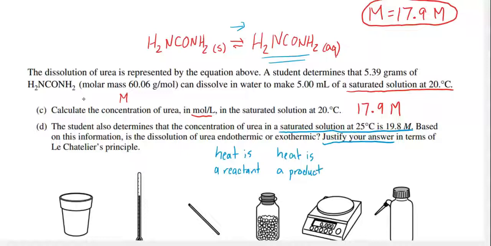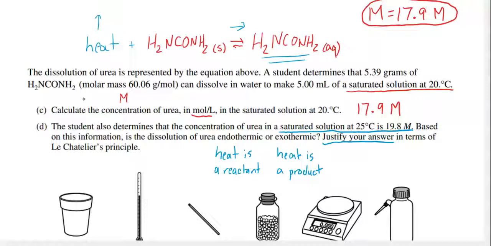So ask yourself, if I write heat on the left side and I increase the heat, according to Le Chatelier's principle, that is going to shift the reaction to the right, which is what happens. So that basically is the correct answer.